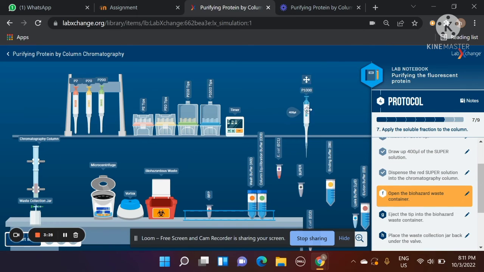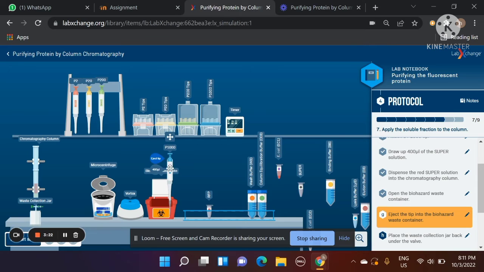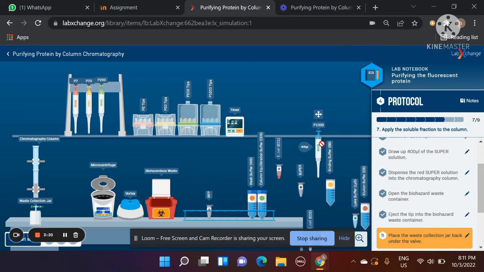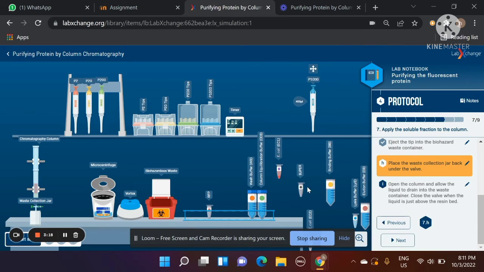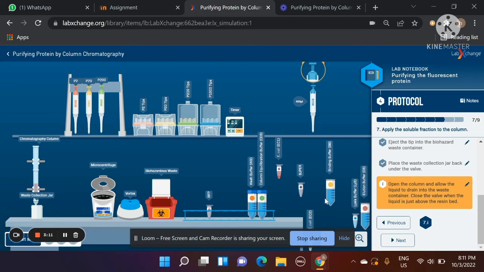Then we have to open the biohazardous waste box. Then we have to eject the tip. Then place the waste collection jar under the valve.